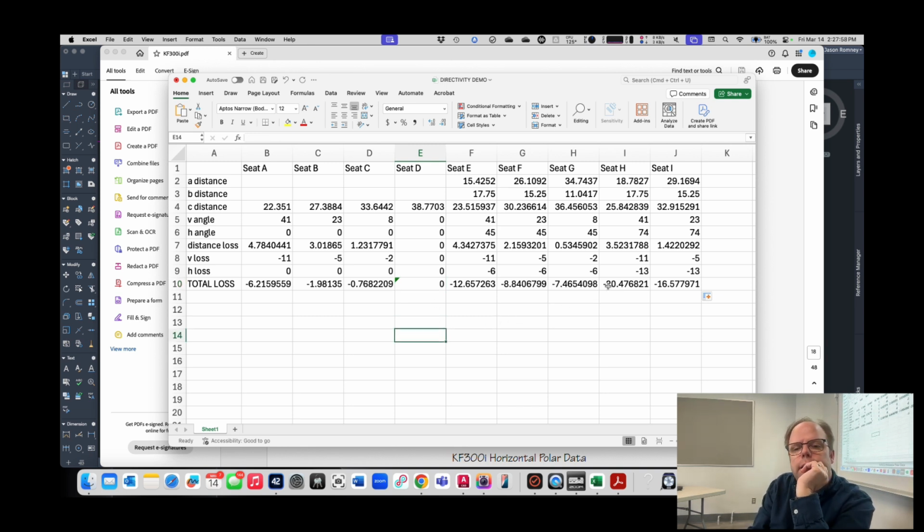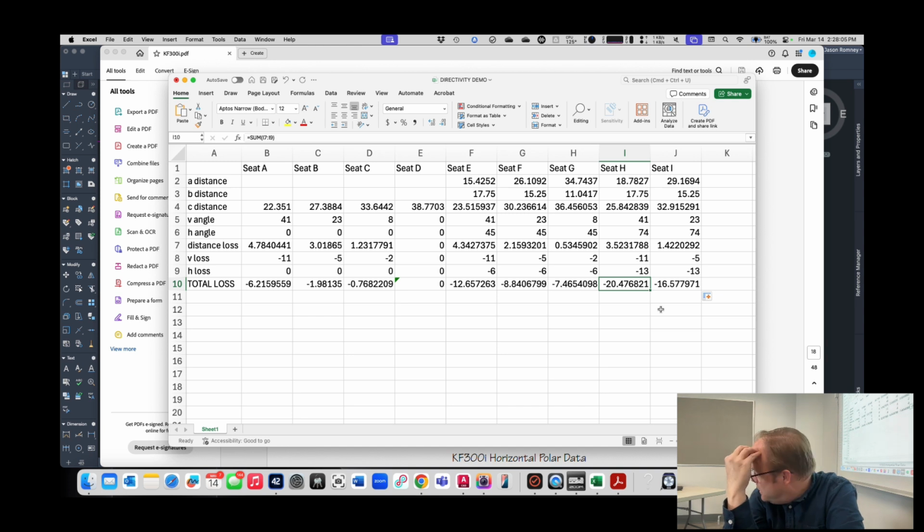We have the worst one is seat H, which is 20 dB quieter.